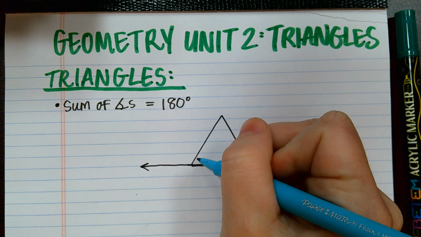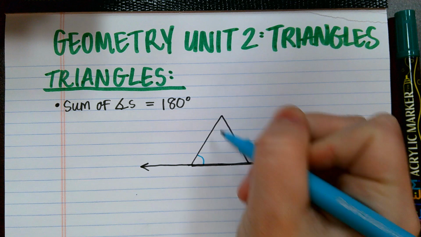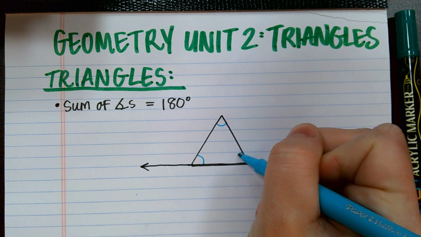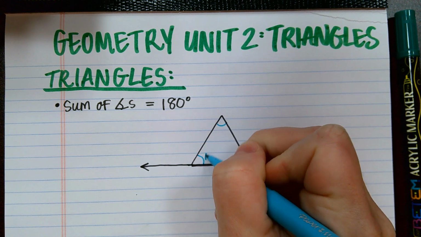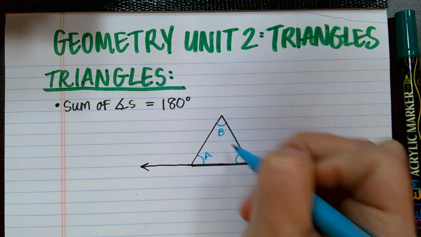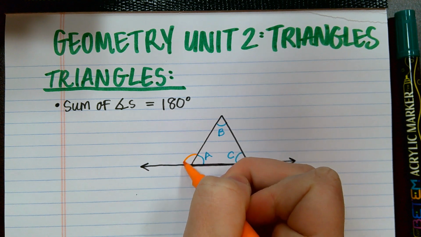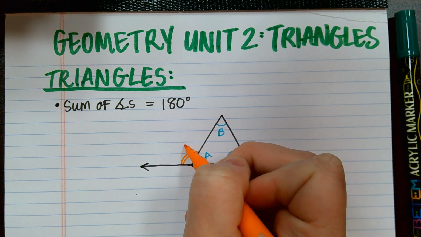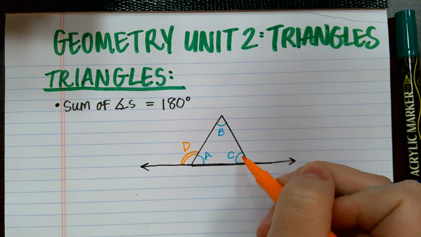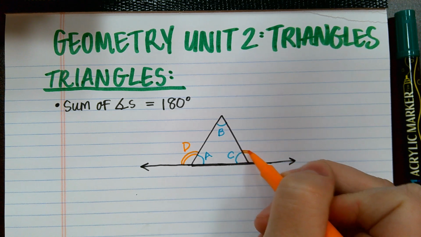And then I'm going to color code my angles here. I've got angle A, angle B, angle C. Here, we've got angle D and angle E.